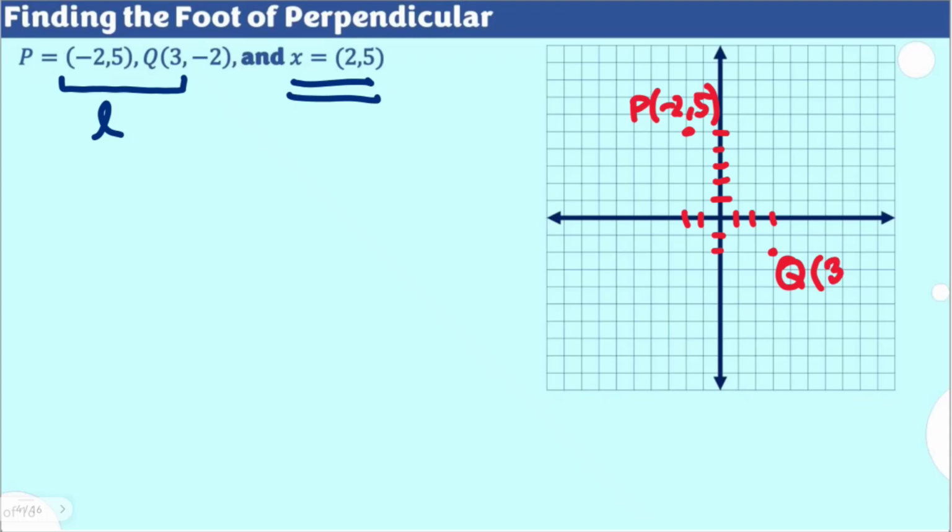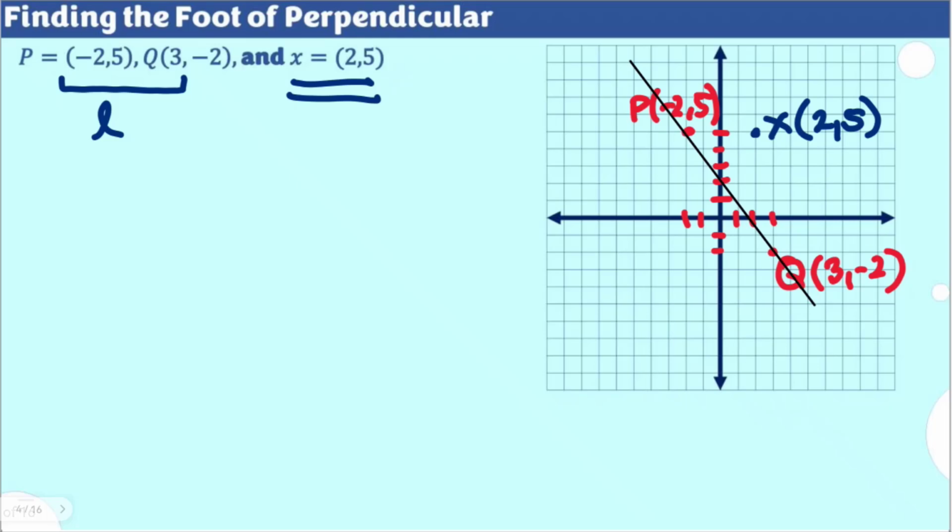It's (3, -2). And our X is a point not on that line, right? It's actually (2, 5), so somewhere here. This is our X. So if you would like to draw a certain line, hopefully my line could actually hit those points immediately.